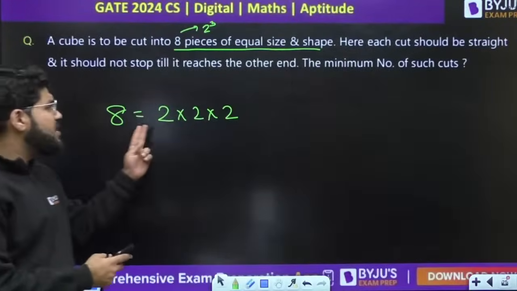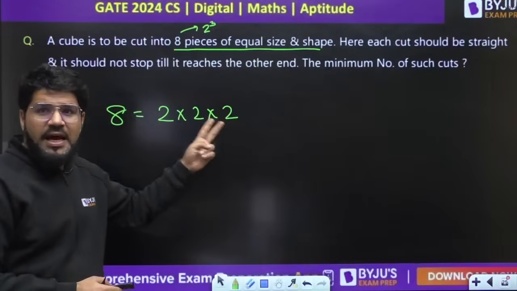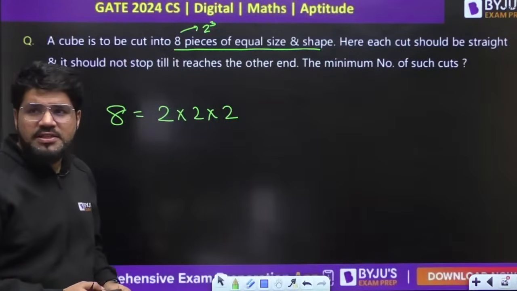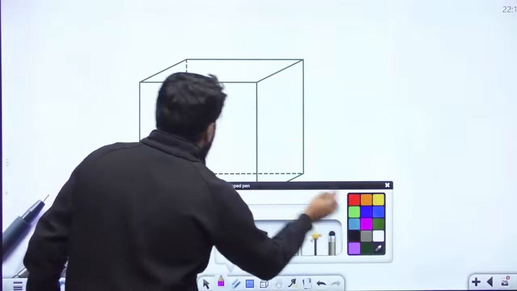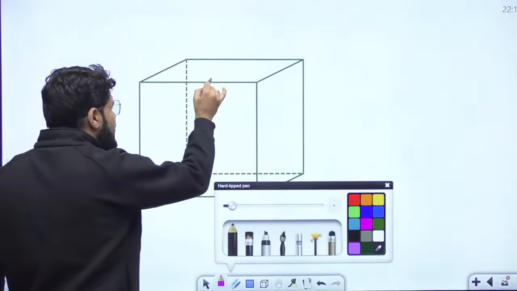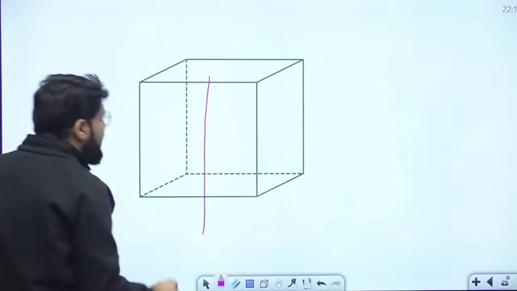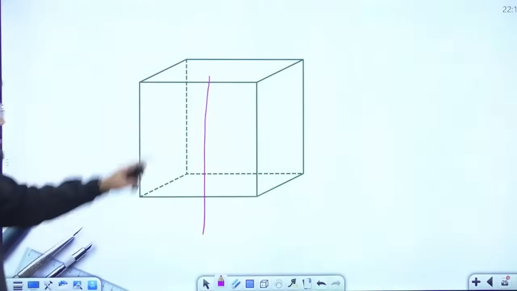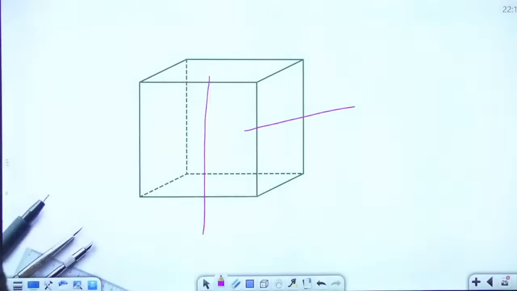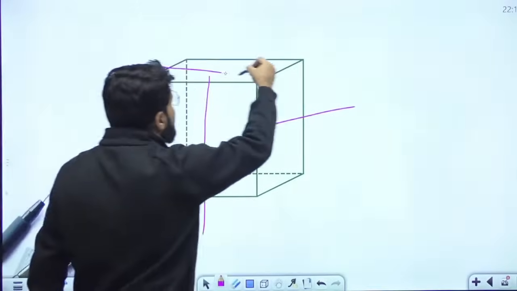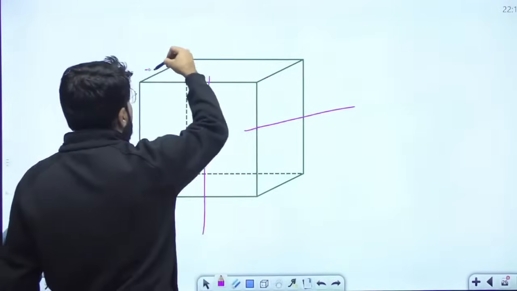So I need two sections from each of the surfaces. If I have to get two sections from here, I have to give it a cut like this. Two sections from this surface, and then I have to give a cut like this, and then I have to cut it like this. Now you can imagine, right?